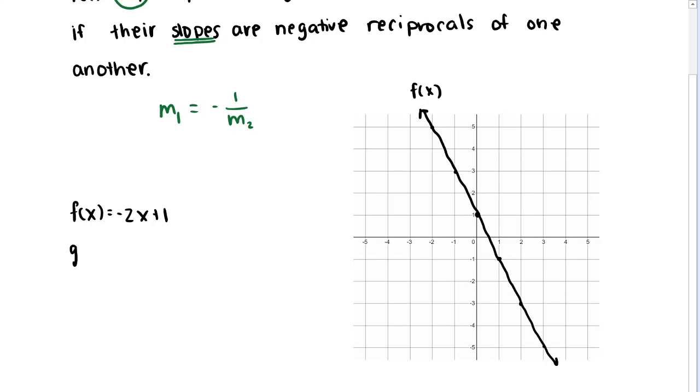And then g of x equals 1/2 x plus 3. In other words, I have this point at 0, 3, and a slope of up 1 and over 2. The line looks something like this. And because their slopes are negative reciprocals of one another, we know that they meet perpendicularly.